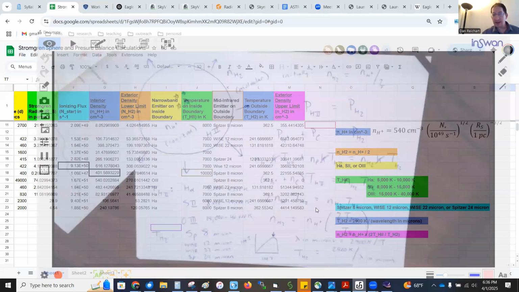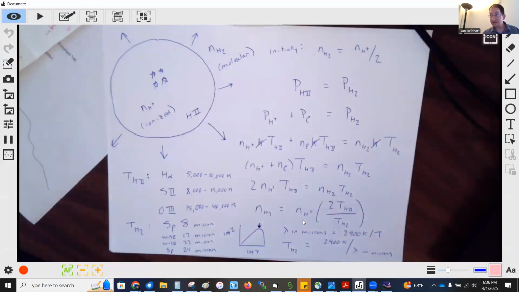Here it is on the doc cam. The interior density of ionized protons that you already calculated times 2 times the interior temperature, which is 7, 8, 9, 10,000 degrees, divided by the exterior temperature, typically 1 to 300 degrees. So you're going to get a big boost. The density of the outside cloud is going to be a lot higher and its temperature lower. The density of the inside H II region will be lower, but its temperature a lot higher. And that's what gives you pressure balance.